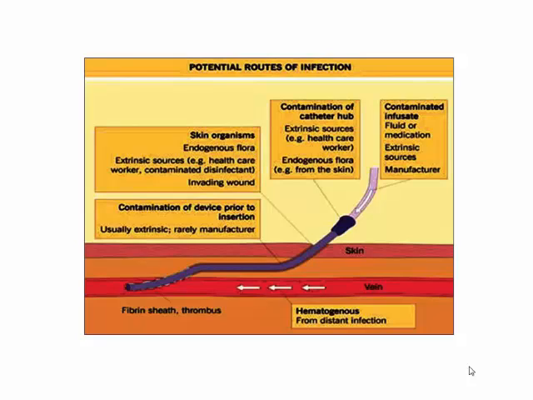So naturally, contamination of the skin is the major one, with endogenous flora, or we have extrinsic sources like healthcare workers, and contamination of the hub. Then there's hematogenous seeding from another source, and contamination of the device prior to insertion, which is rare. And the rarest is the last one you can see, the contaminated infusate.